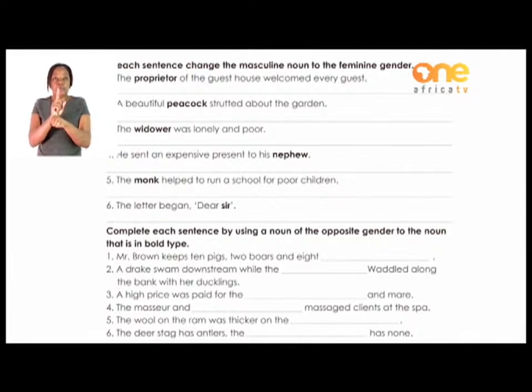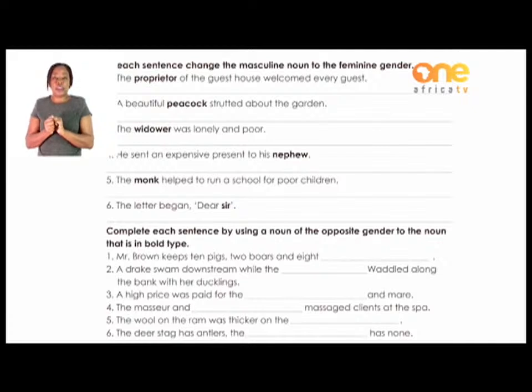I want you to search for me all the words which are in bold. The words which are in bold represent genders, and you have to change that gender to the opposite gender. So, for example, in each sentence, change the masculine. Remember the masculine? These are boys, the boy side.